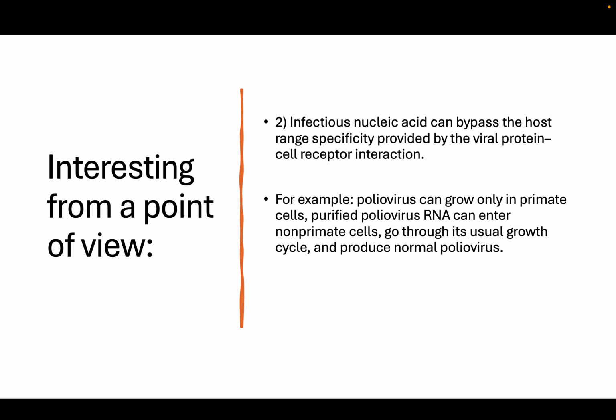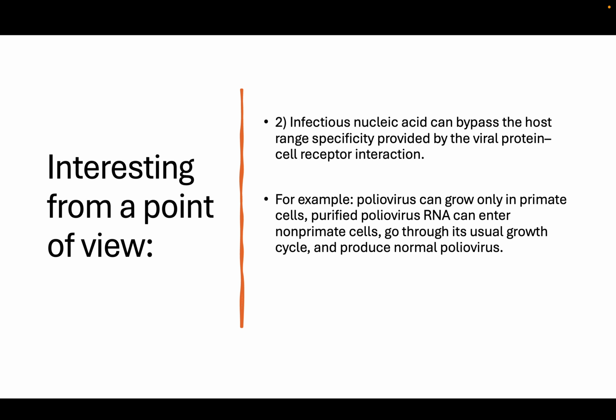Second, which is super cool actually and dangerous, is that infectious nucleic acids can bypass the host range specificity provided by the viral protein cell receptor interaction. Remember, viruses are governed by this viral protein cell receptor interaction. As we said, polio can only infect certain primate cells or humans, but it cannot grow in a cat cell or a dog cell.